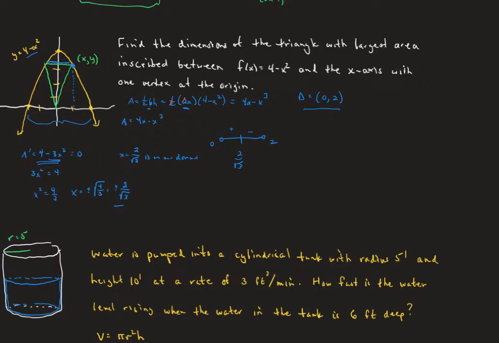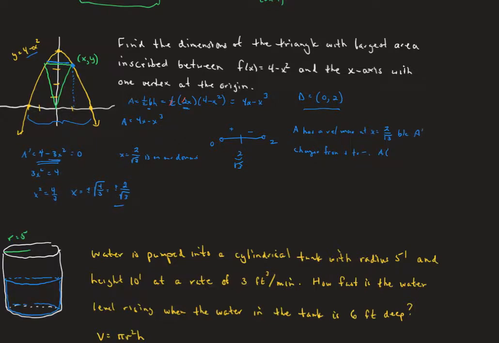So we can say that our area, A, has a relative maximum at x equals 2 over square root of 3 because A prime changes from positive to negative.